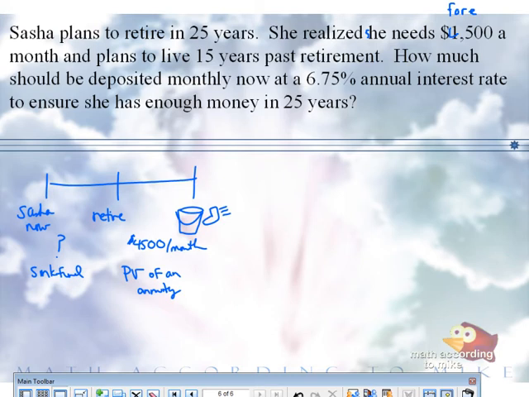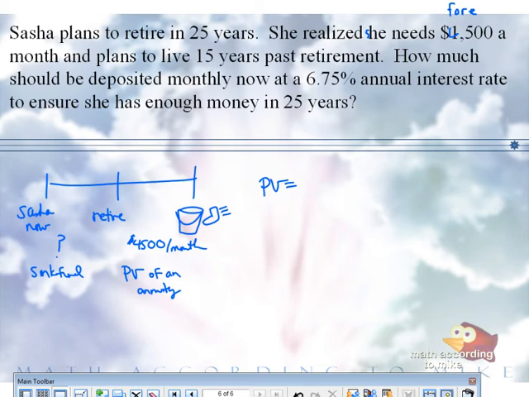It's not to say that you can't use future value for before retirement and amortization for after retirement. You'll just be making it a little bit harder because it's not set up to solve for those things. Present value of an annuity is set up to solve for the present value, but if you use amortization, you'd have to flip it around to solve for the present value. Since we know the number for after retirement, we're going to start with present value of an annuity.